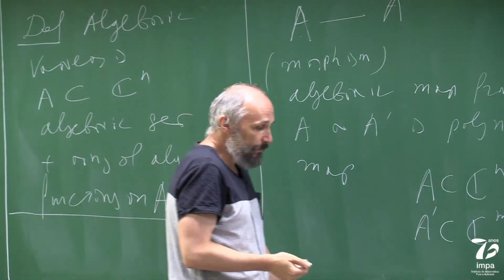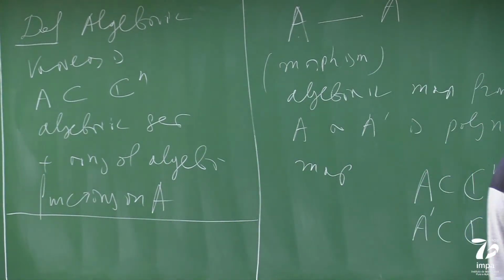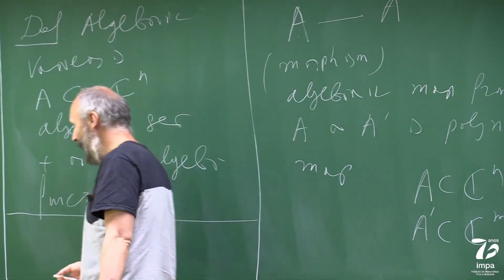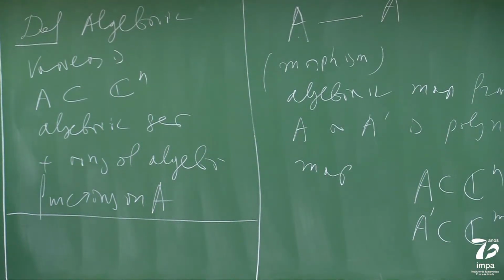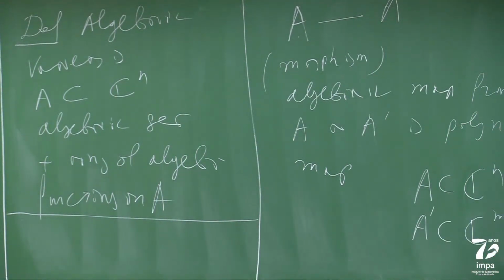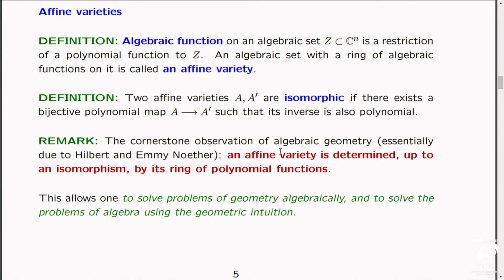Even in differential geometry, you don't usually consider manifolds inside Rn; usually you consider abstract manifolds. So this is why we're interested in classes of algebraic varieties up to isomorphism. What is an isomorphism? It's a bijective map from one algebraic variety to another, which is given by polynomials, and the inverse is also given by polynomials.